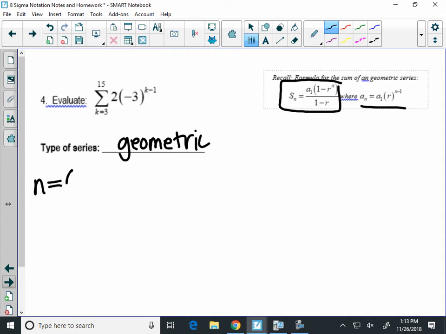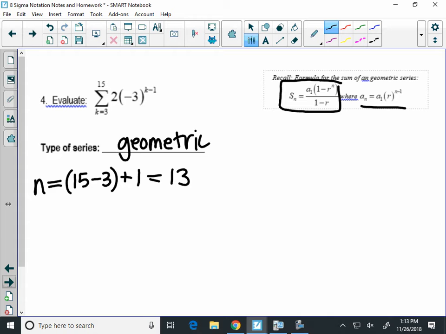Top minus bottom plus 1. So that tells me how many I'm adding up. So 15 minus 3 plus 1 is 13. So you are adding up 13 terms. So n is 13 here.